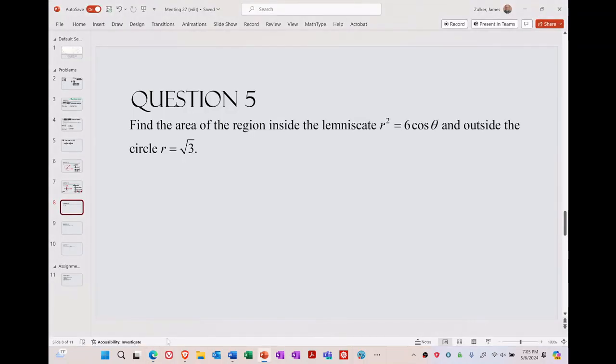If we look here, r squared is 6 cosine of theta. Remember, in the polar plot, we can only do r equals f of theta.